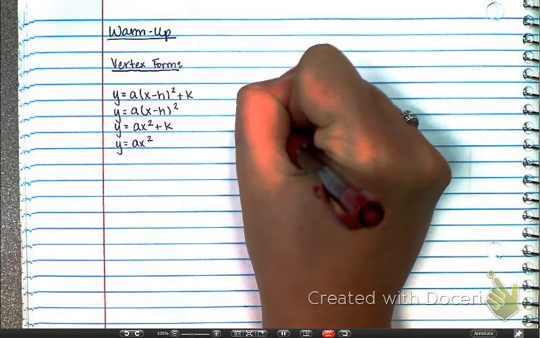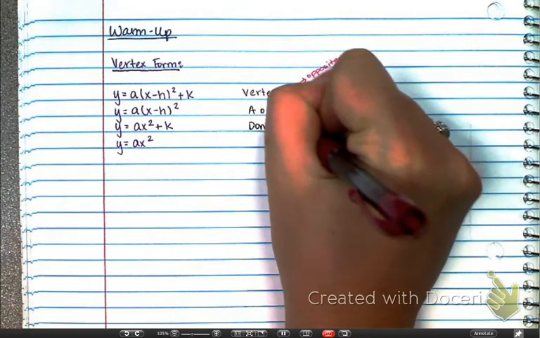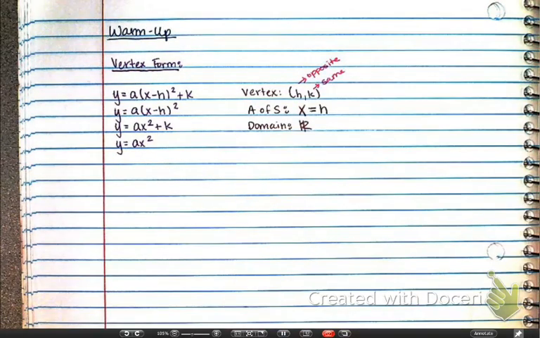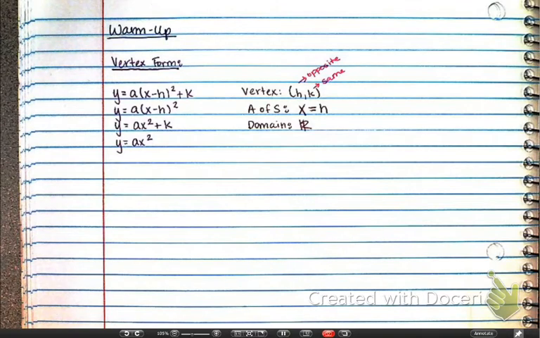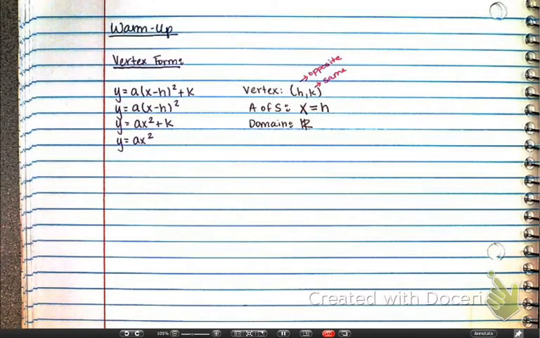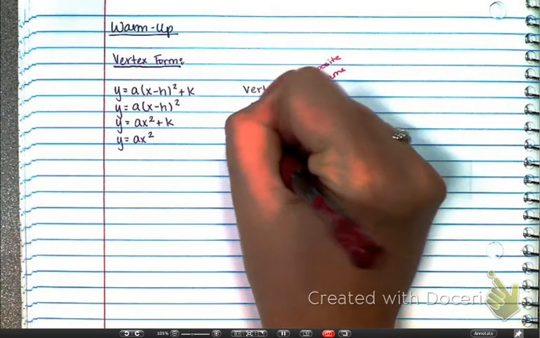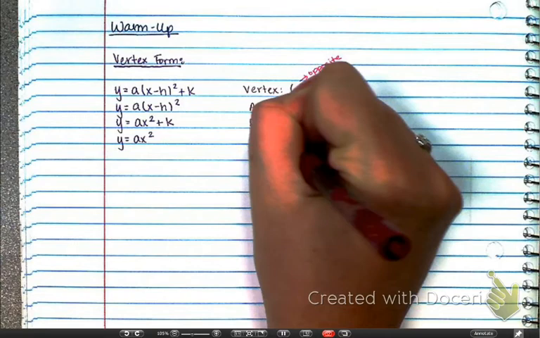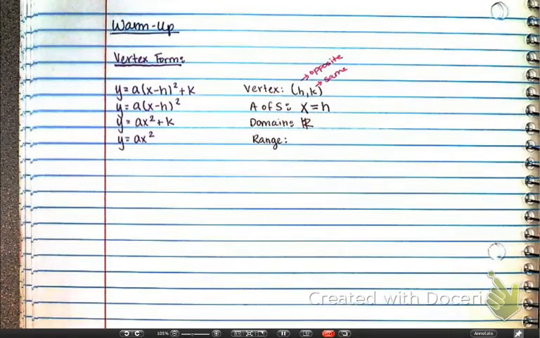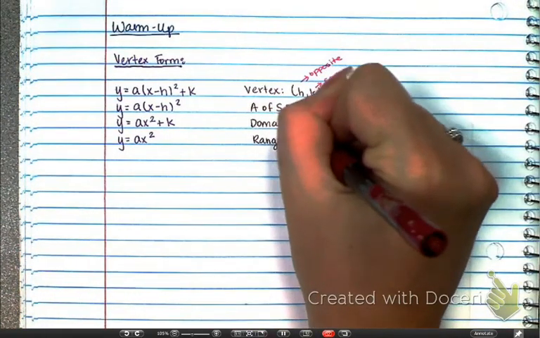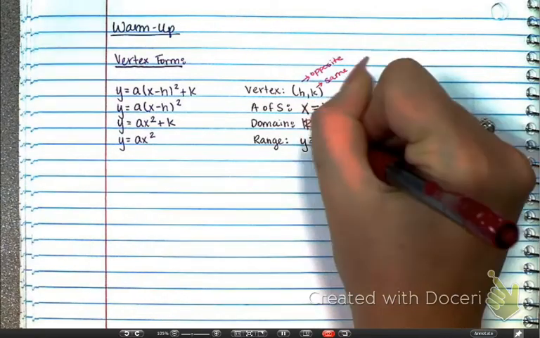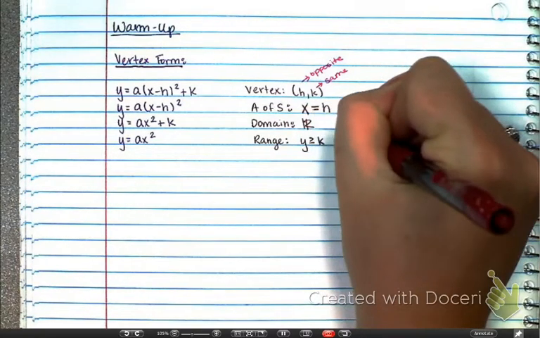What's the domain? All real numbers. I even gave you drop-down menus yesterday. You didn't have to think very hard on some of them. Range. We have 2 options. We have y is greater than or equal to k, or y is less than or equal to k.